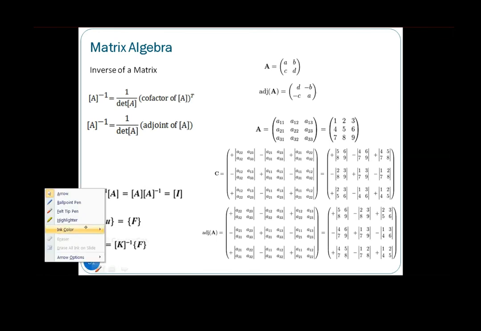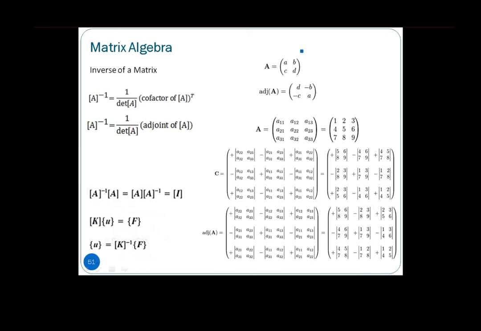In the case of a 2 times 2 matrix, A and D are swapped, then for B and C we put a negative. Or if you have a 3 times 3 matrix, then of course you find the cofactor, then transpose it, which is basically our adjoint in this case.